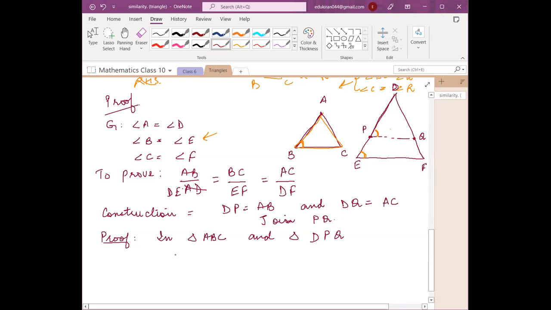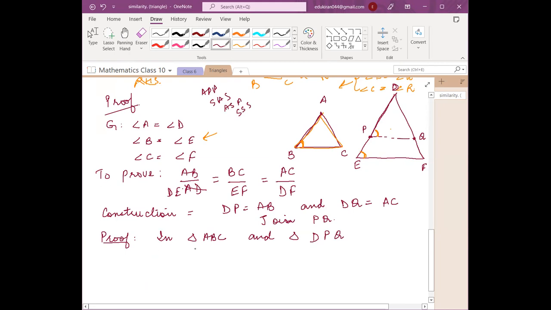Now what can I use? Congruency you all have studied. Which criteria of congruency can I use here? There are so many: AAA, SAS, ASA, SSS. Which one can I use here? Ma'am, SAS. Okay, why?